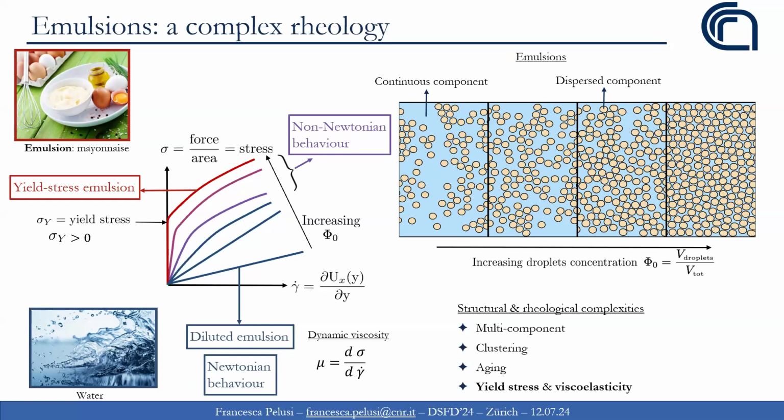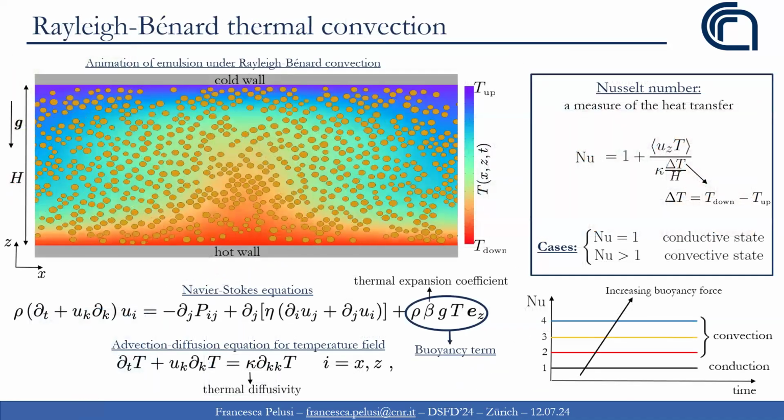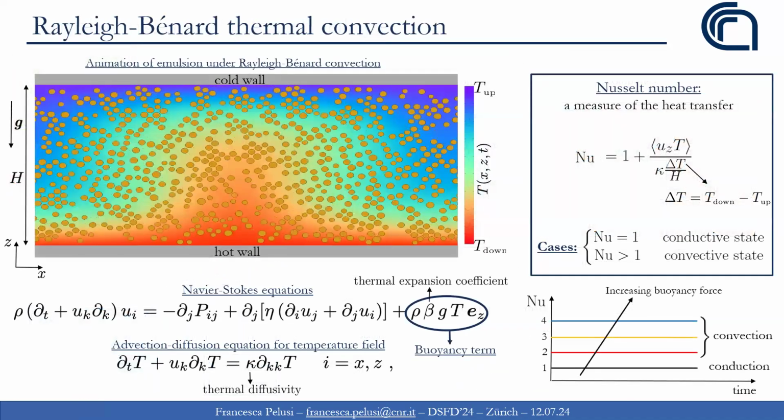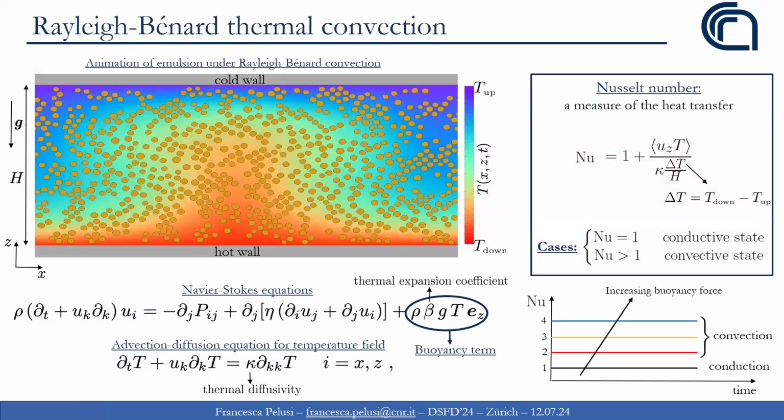And then the most extreme case, where the behavior is non-Newtonian and the value of the yield stress is different from 0. So this is the landscape in terms of emulsions. What we are interested in is to investigate the dynamics and the heat transfer properties of these materials under the so-called Rayleigh-Benard thermal convection.